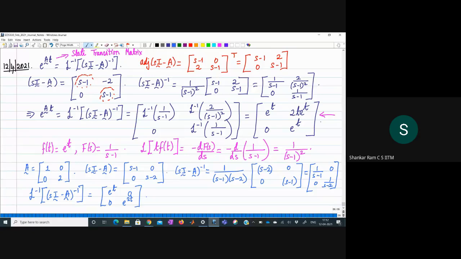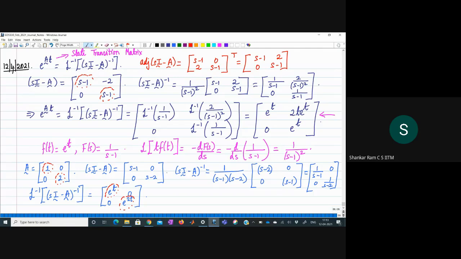So this is a very special case. If you have a diagonal matrix, the calculation of e power At becomes very simple. The e power At matrix will also be a diagonal matrix whose diagonal terms are exponential functions whose exponents are the diagonal entries themselves.